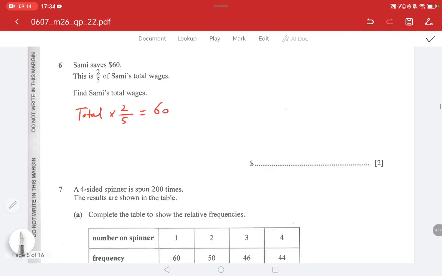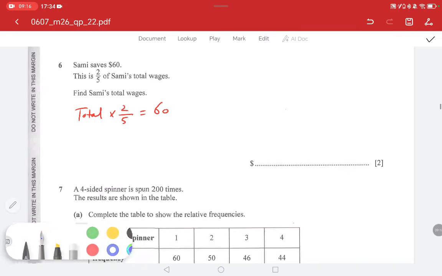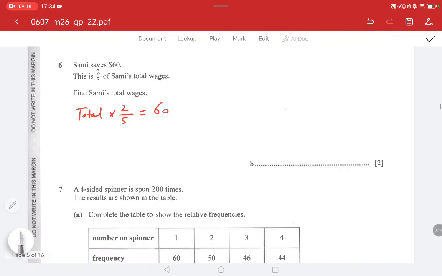If I want to remove this 2/5, I multiply both sides by 5/2. Now the 2 cancels, so the total equals 60 divided by 2, which is 30, times 5, which is $150. So 150 is the total.